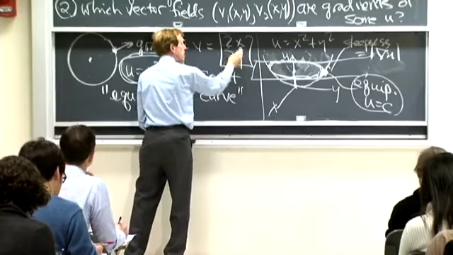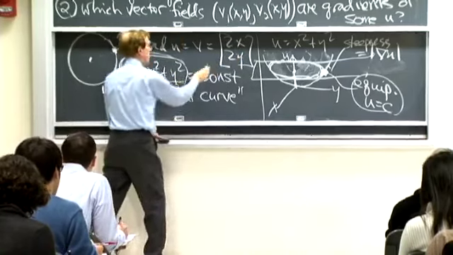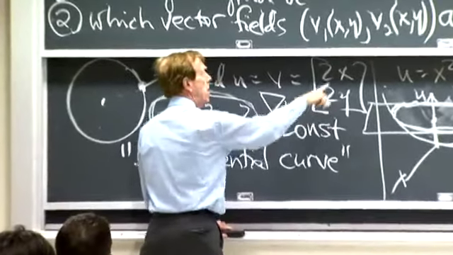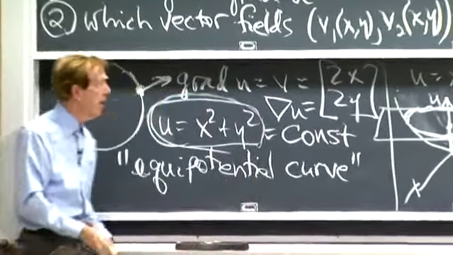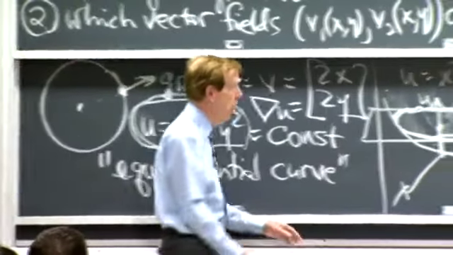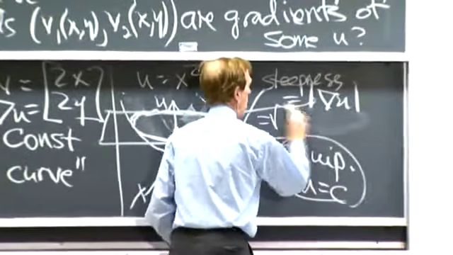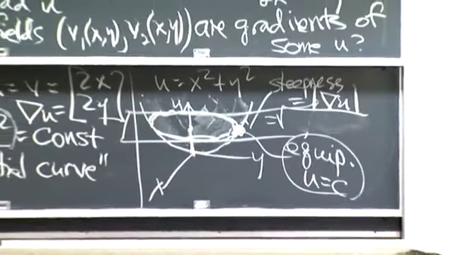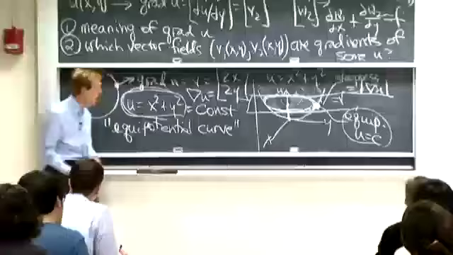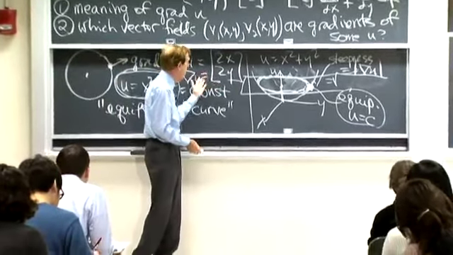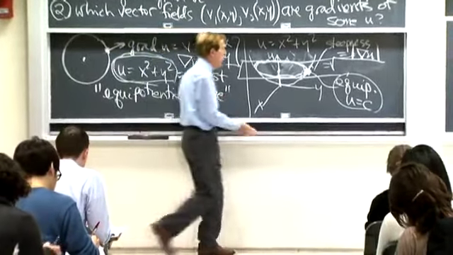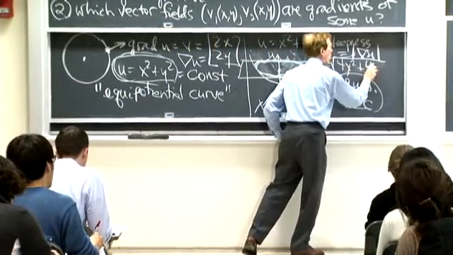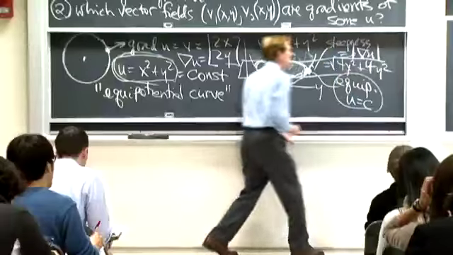This is my vector grad u. This is another shorthand notation for gradient. The size of that vector is the square root of what? The length of a vector is the square root of the sum of the squares. So I have the length of v is the square root of 4x squared plus 4y squared.